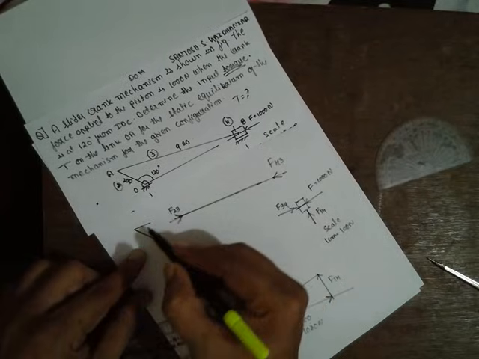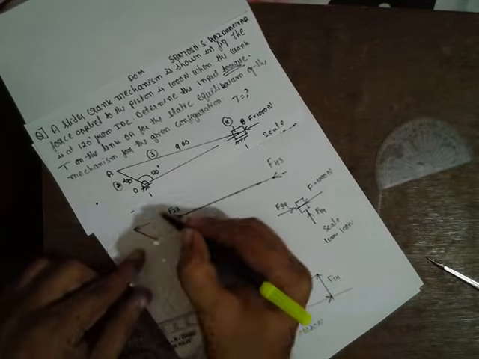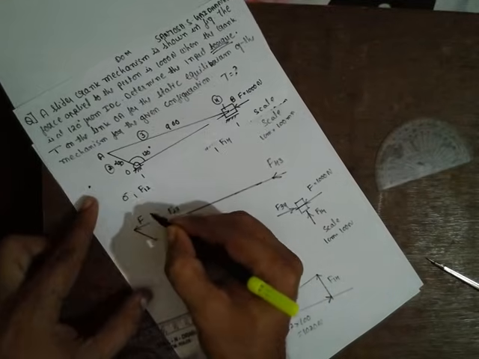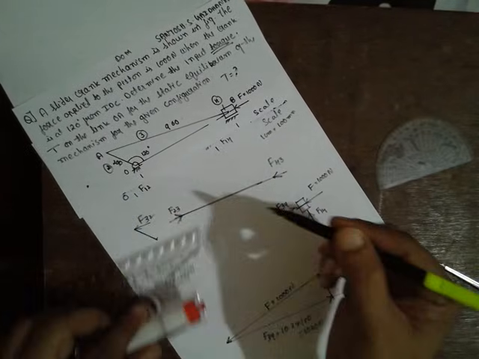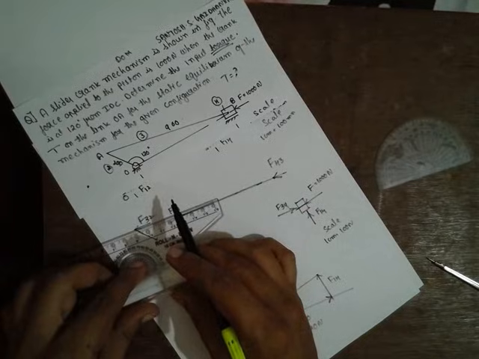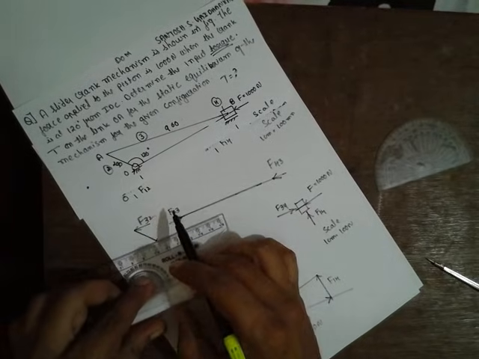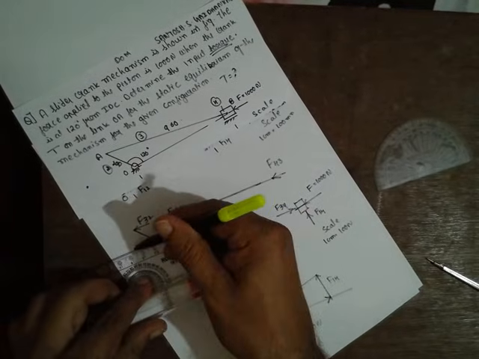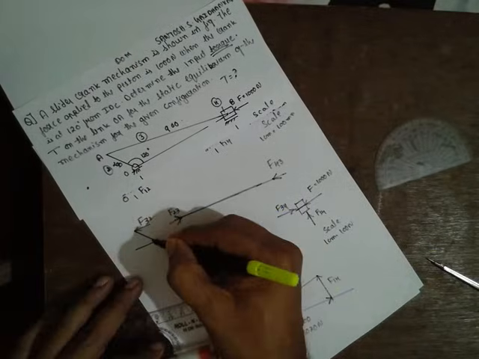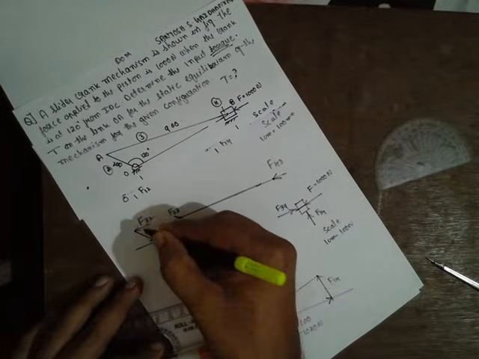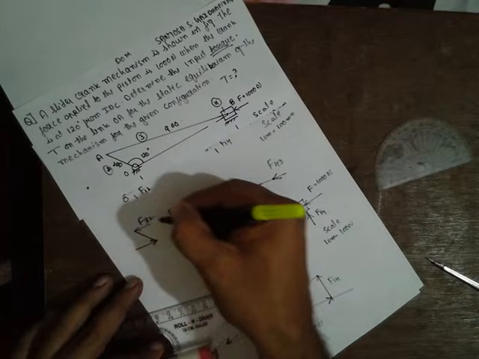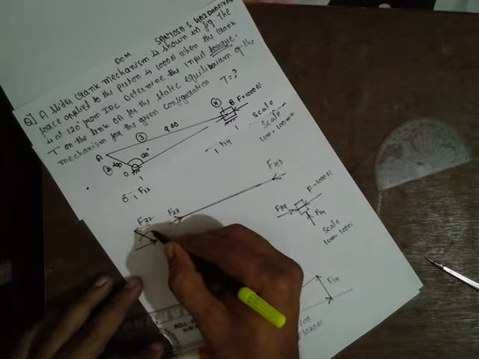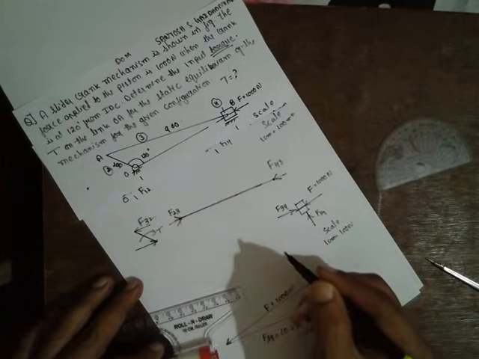Next, here it should be exactly the opposite direction, F32. Now to balance this one, an exactly opposite force has to be drawn here. Because of this one, it is now rotating anti-clockwise. Therefore a torque T has to be applied in the opposite direction.